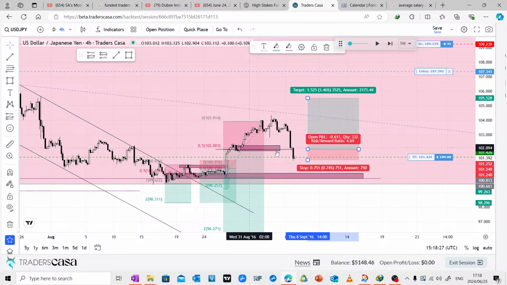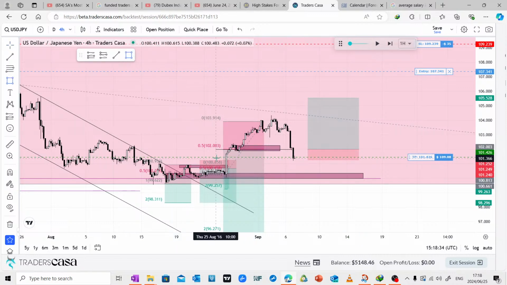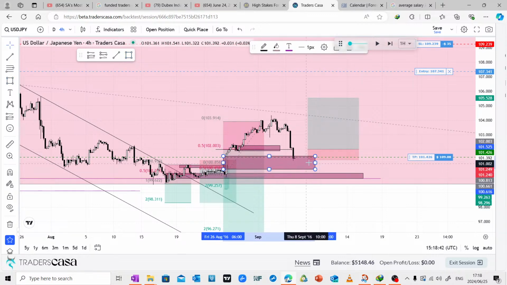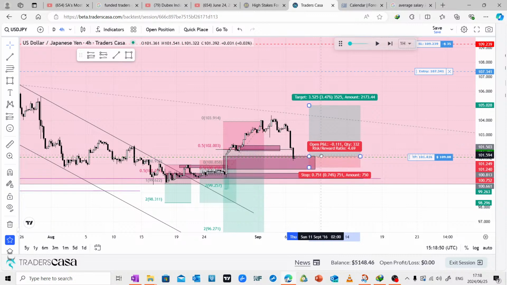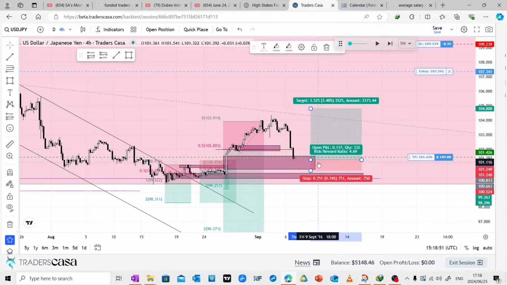So this was not respected, but anyway, this was a 50% mark, and now we are into the fair value gap, and this fair value gap right here. So 50% entry in it. I would say right there is still a good risk entry.